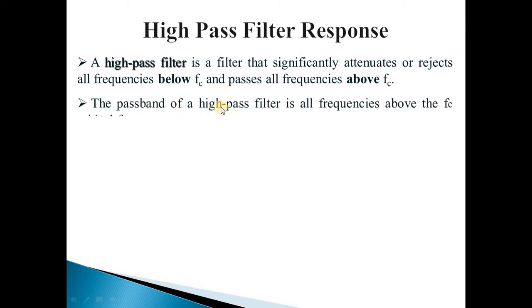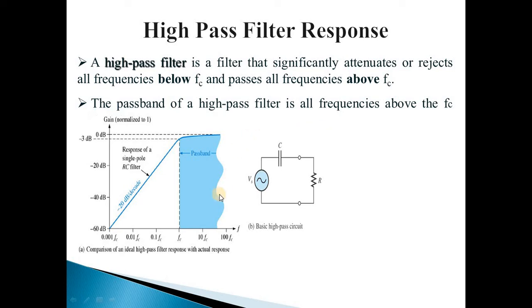The pass band of high pass filter is all frequencies above the critical frequency. This is the actual response of high pass filter. This is again a graph of gain versus frequency. Here we have the cutoff frequency. This high pass filter passes frequencies above this cutoff frequency and blocks, rejects or attenuates frequencies below critical frequency or cutoff frequency.